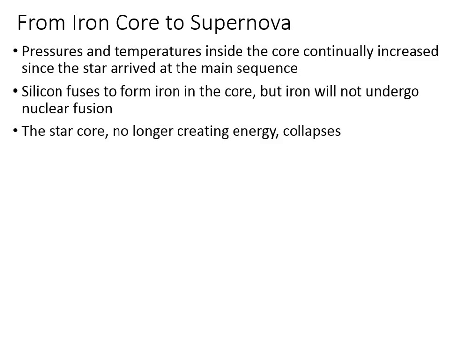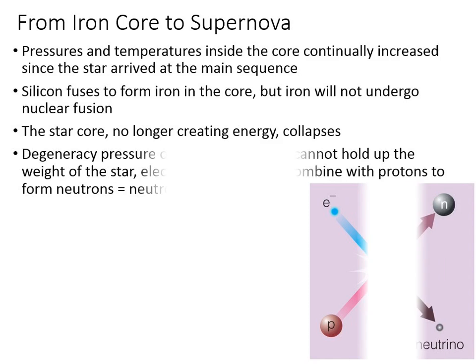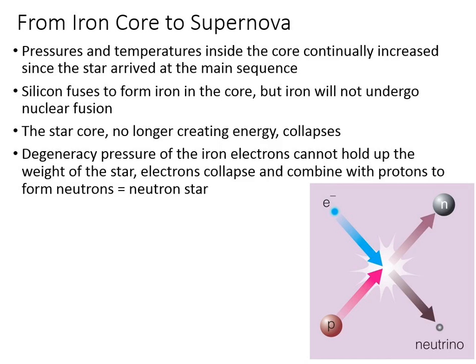When it can't fuse iron into anything heavier and get energy out of it, then that outward pressure that we have going on in our sun, because it has fusion going on, ceases. So basically, gravity wins out. It's no longer at equilibrium. Gravity's going to win out, and it's going to collapse in on itself.